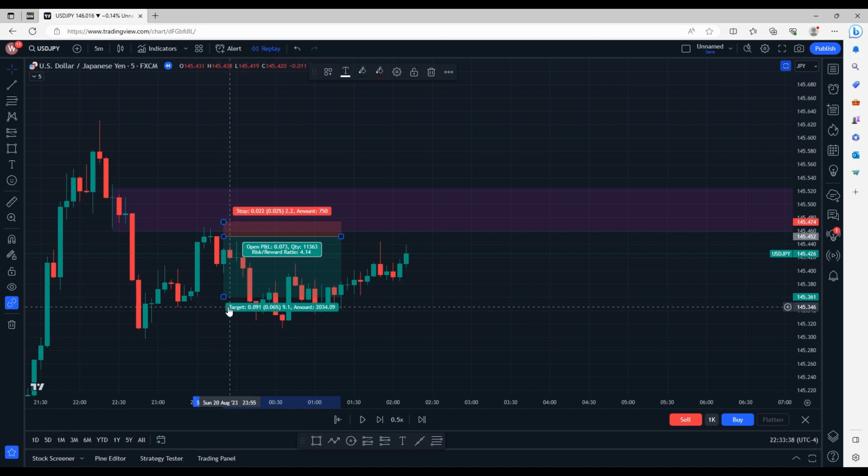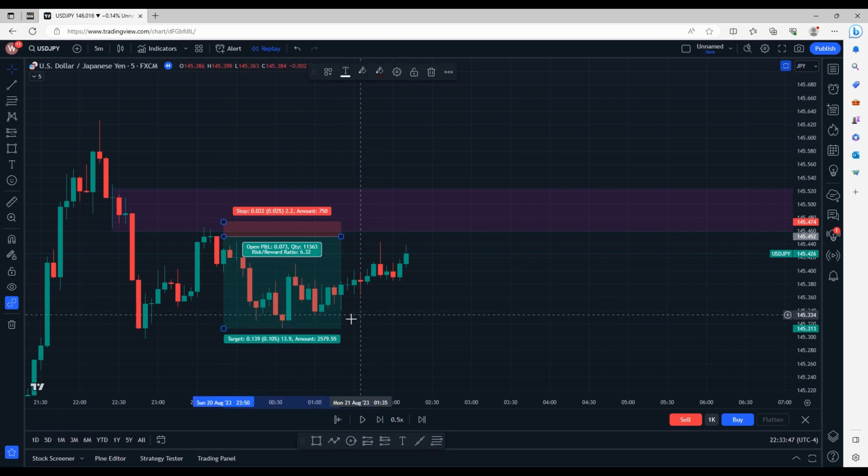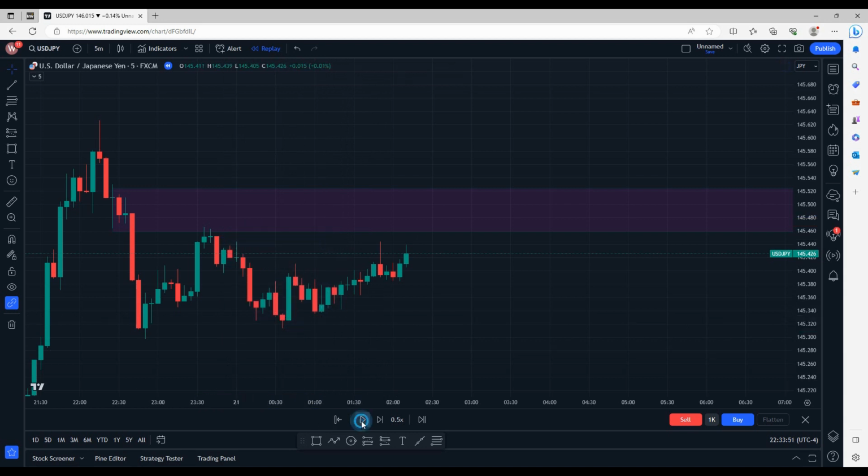Stop loss just above the end of that candle. Could have gone in at a 1 to 6, which is really good. Let's continue.